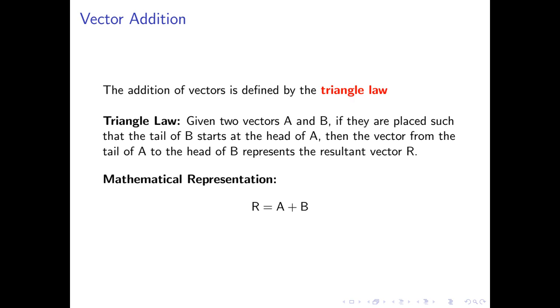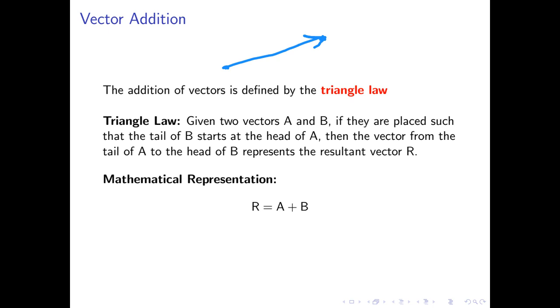Suppose we have a vector A. Say this is vector A. This is the tail of A, right? And then this is the head of A. We call this vector A.